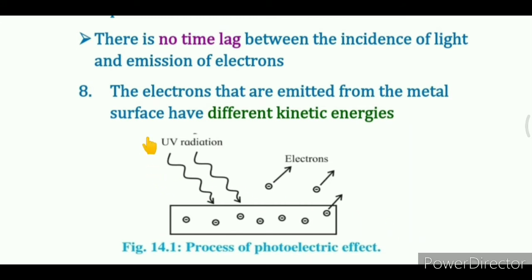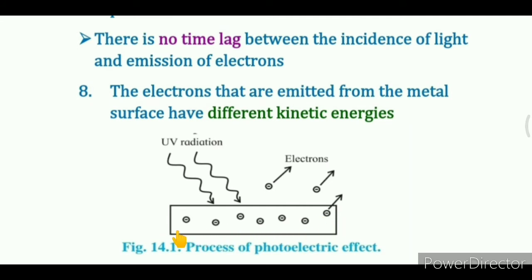As soon as the photon is incident on the material, it may collide with electrons situated at the upper surface of the matter, or it may collide with electrons situated in the interior part of the material.